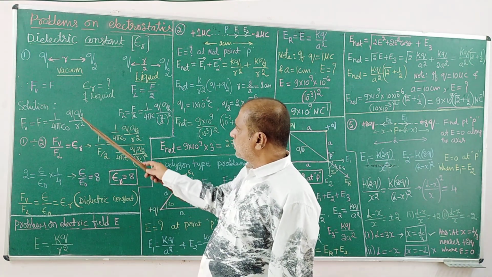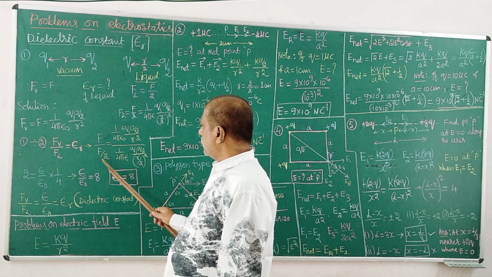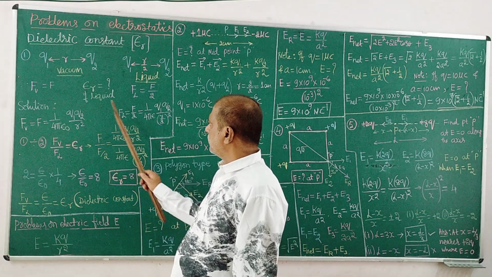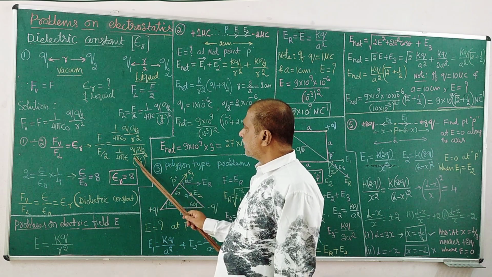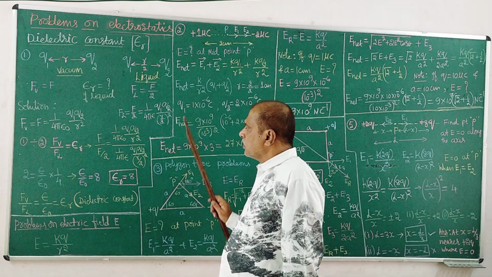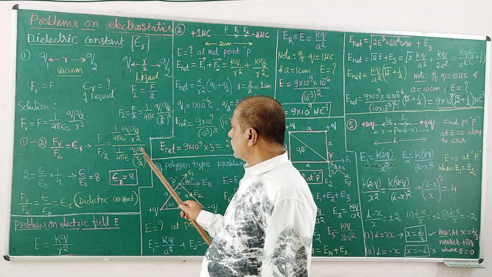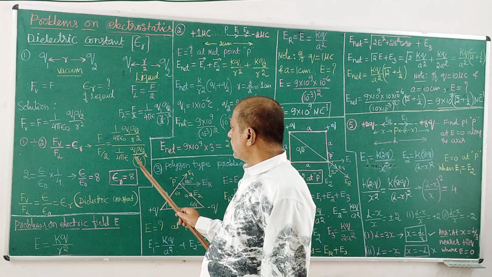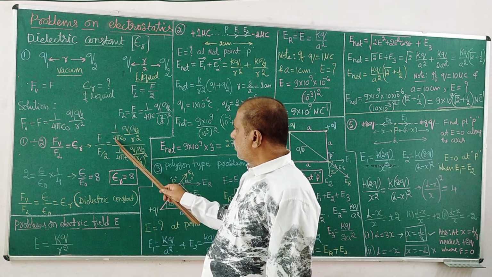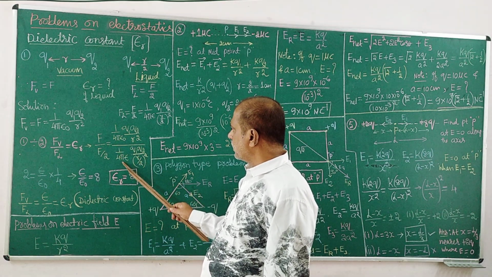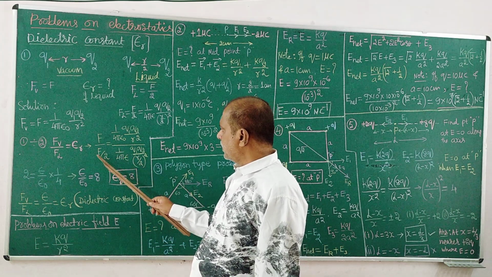Take the ratio: F divided by F by 2 equals this numerator by this denominator. Simplify: similar terms get cancelled, Q1 Q2 and 1 by 4 pi. R square with the bracket removed leaves 1 by 4 in the denominator overall.